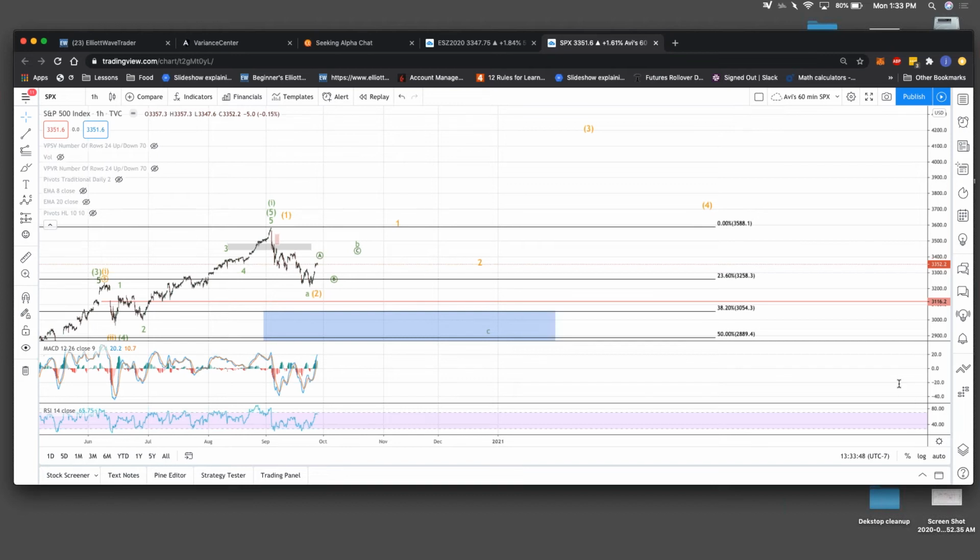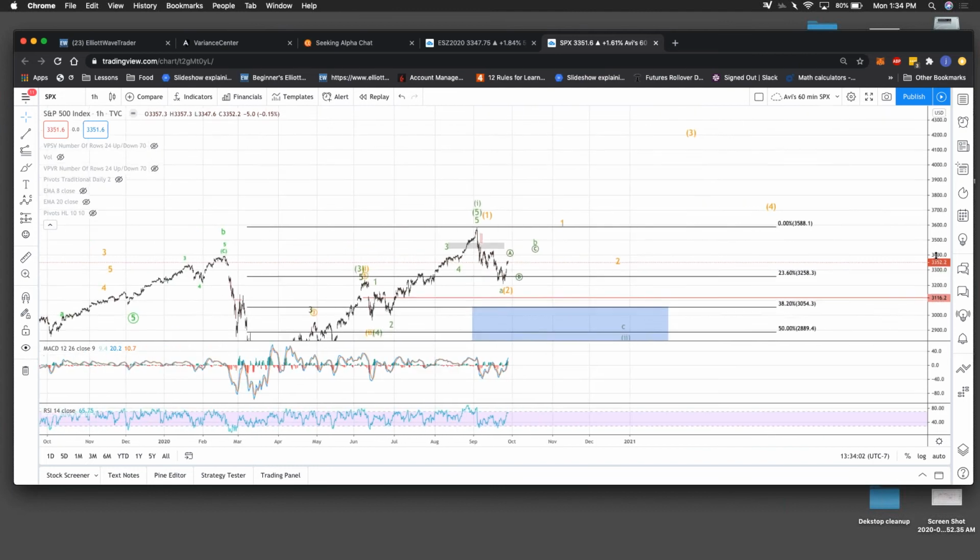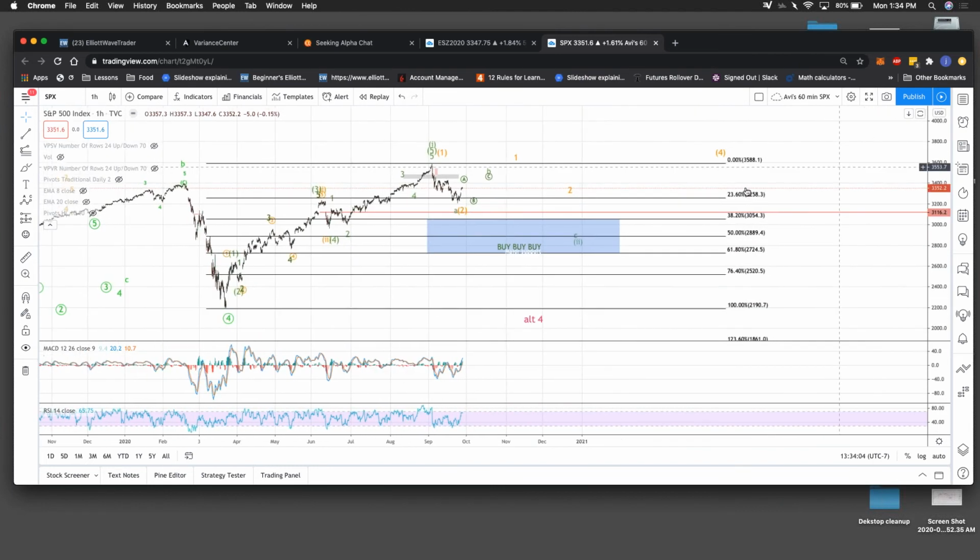Let's see, Bill asks, how do you calculate upside targets for 3 or for A? So Bill, the way we calculate targets with the Fibonacci pinball methodology is like so. Let's say we're getting the green count, and that we've topped in wave 1, and then we're going to get a B wave to here, and then a C wave down to the 0.500 retrace.